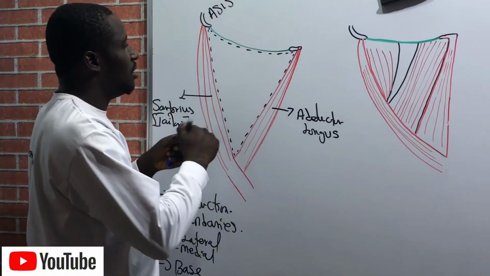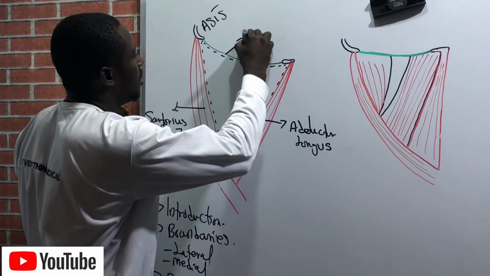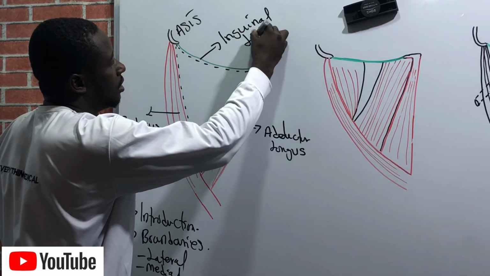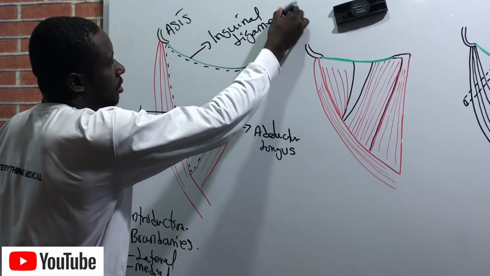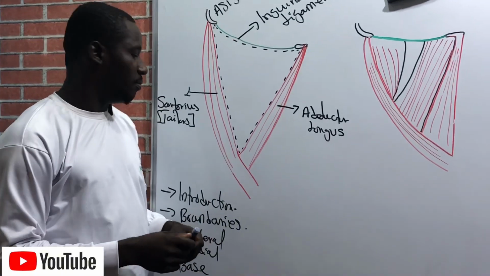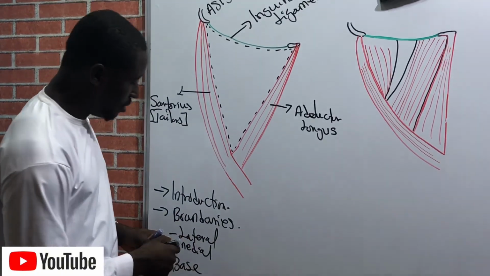Look at the inguinal ligament here. It is a very profound partition of the body, that is, of the lower extremities.